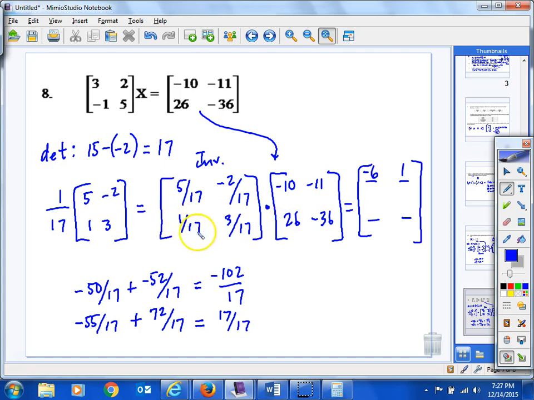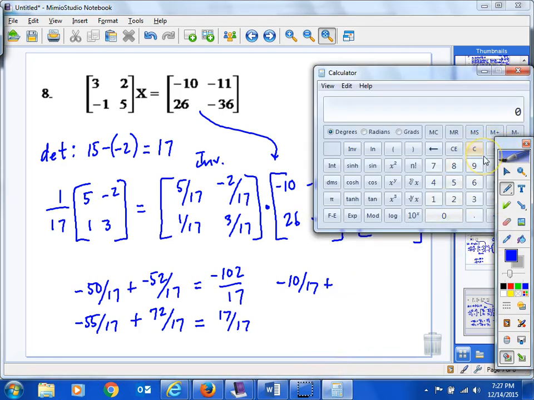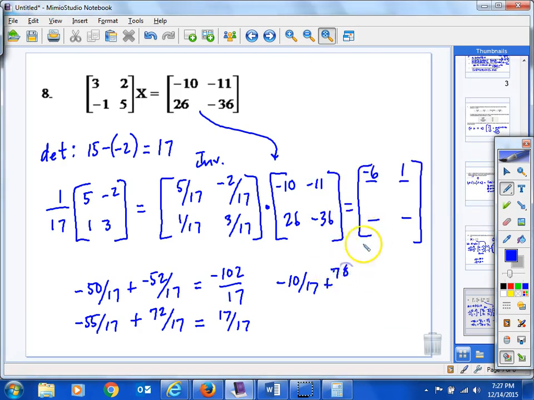All right, now work on the bottom row. 1/17 times -10, -10/17. 3 times 26, that's, I just blanked out, 78. 78/17. So we end up with -10 plus 78 is 68/17, which is 4.